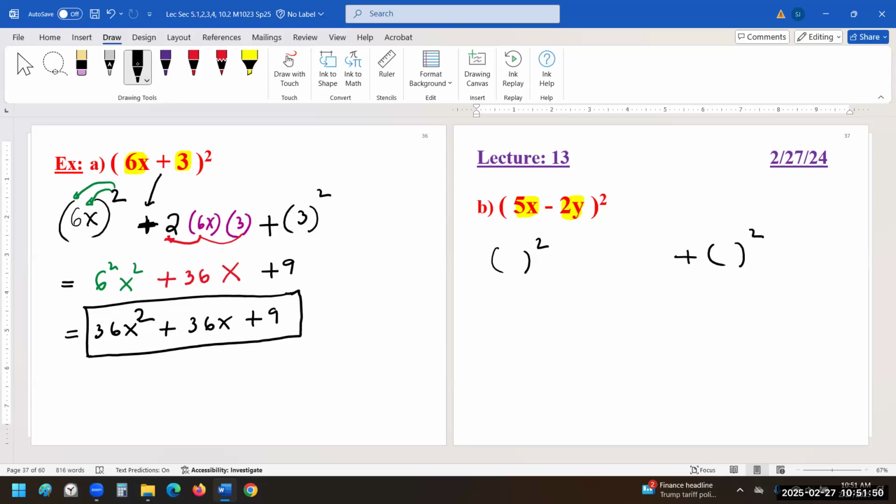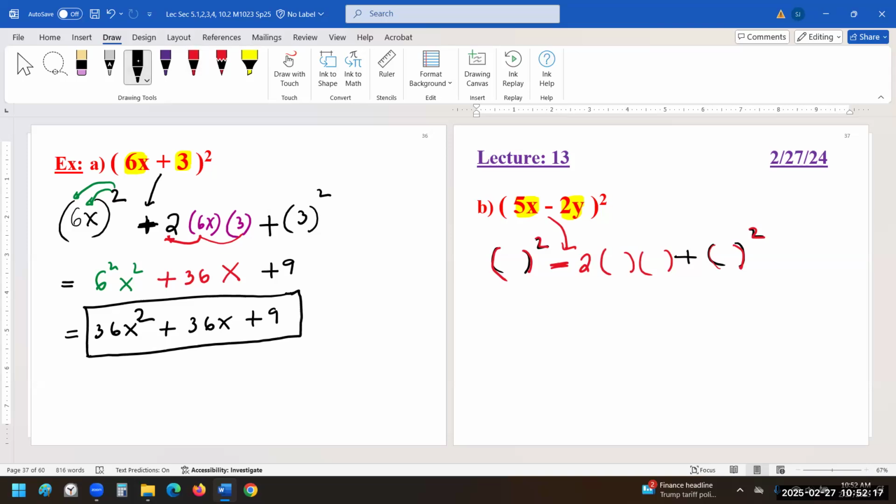So we always add their squares, but depending on what sign we have in the middle, we take that sign and then 2 times the both terms. So this is the outline, the structure for the formula.